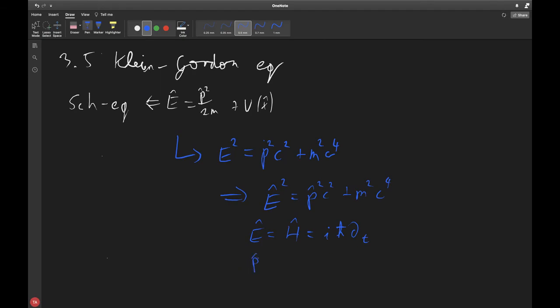And the P operator was the i h bar and the derivation by the space. And we also said that the x operator is just multiplying with x.